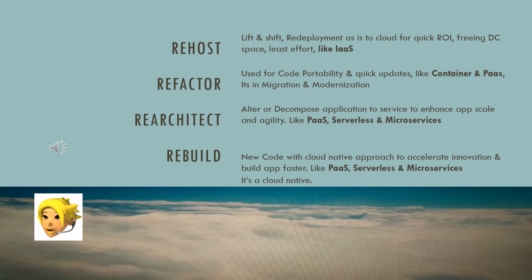Rebuild, you can write new code with the cloud native approach to accelerate innovation, with low coding, and give a new approach for a faster and innovative way, like PaaS, serverless and microservices again, and it is cloud native.